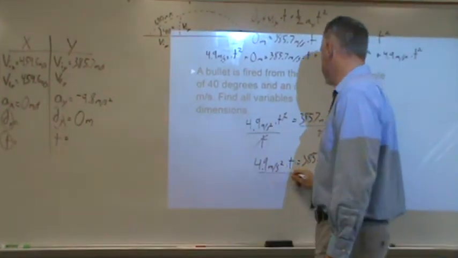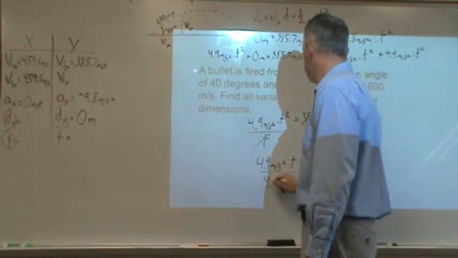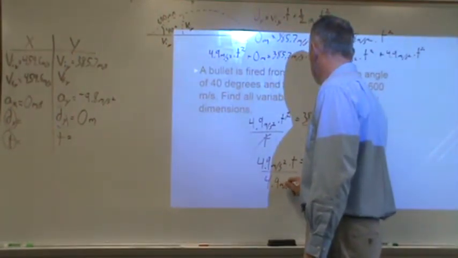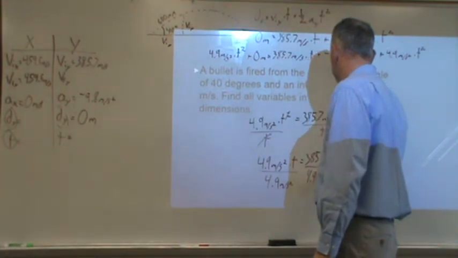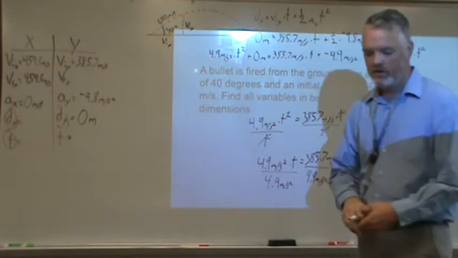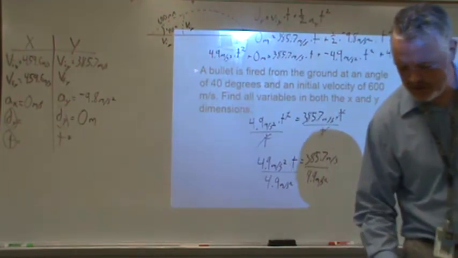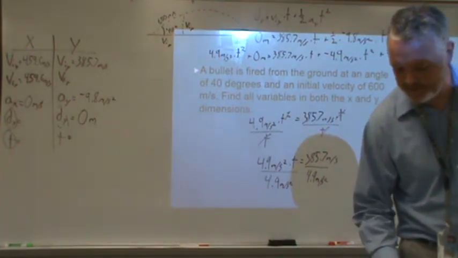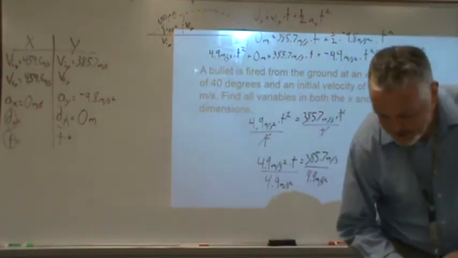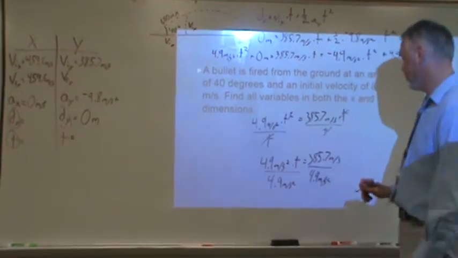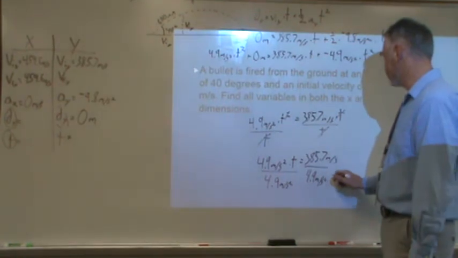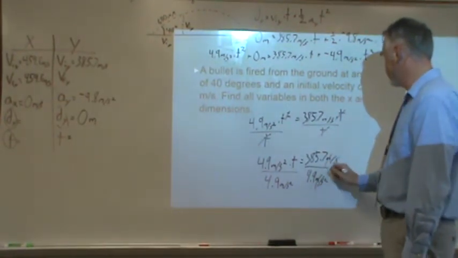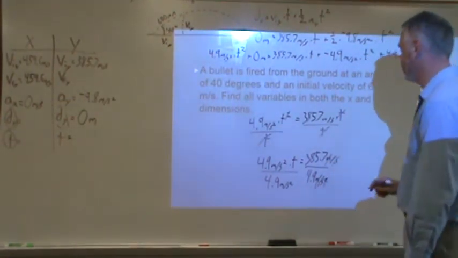Divide each side by 4.9 meters per second squared. 385.7 divided by 4.9 gives me 78.7. Check the units. Meters per second divided by meters per second squared. Meters cancel out. One of the seconds cancels out, leaves me in seconds.